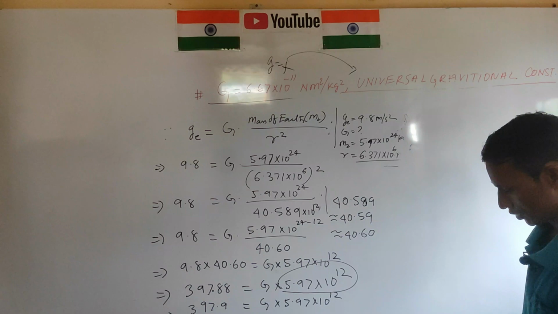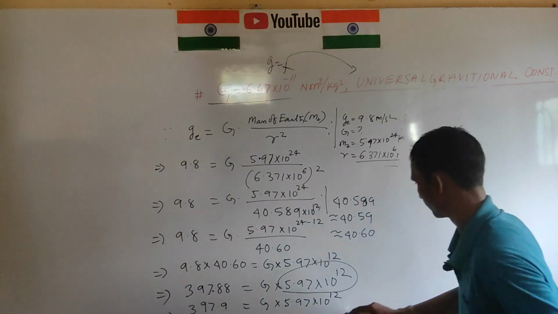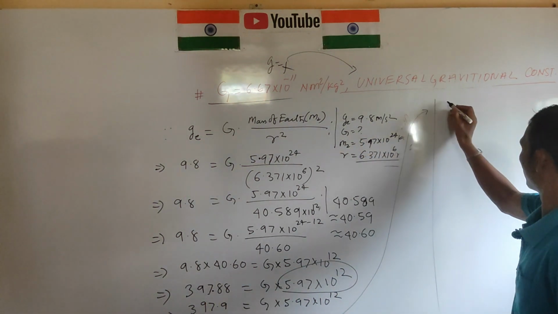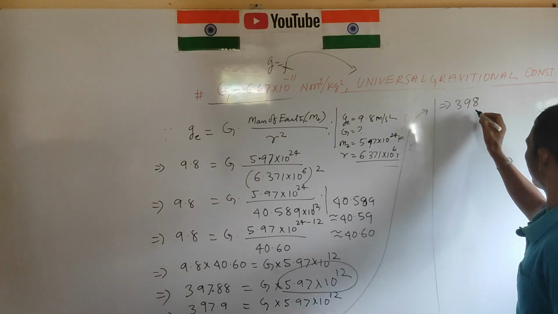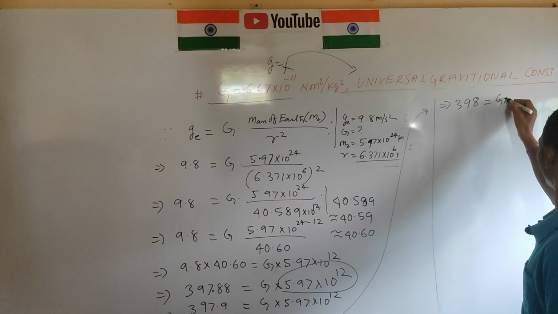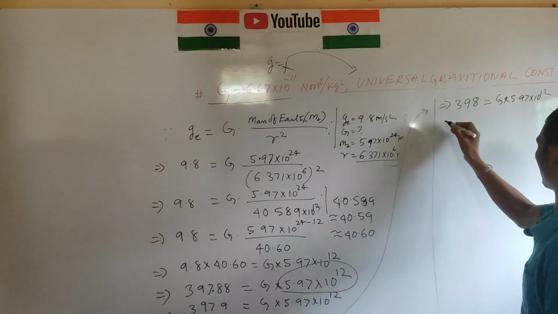So 398 approximately equal to 8, that is G into 5.97 into 10 to the power 12.